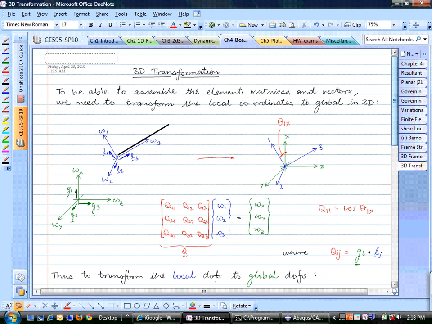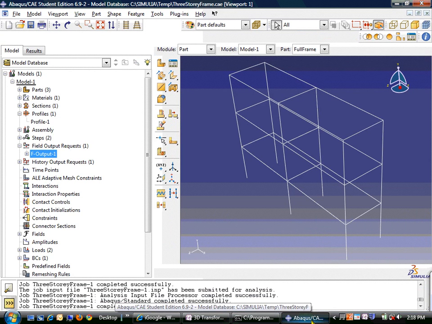Let me just quickly take an Abaqus example, and maybe you guys have already seen this. So in Abaqus, if you want to make a three-dimensional frame, this is something that you can do fairly quickly.